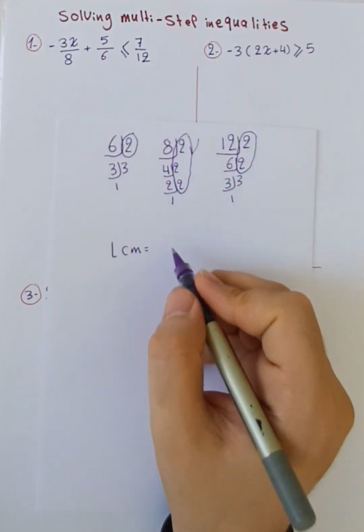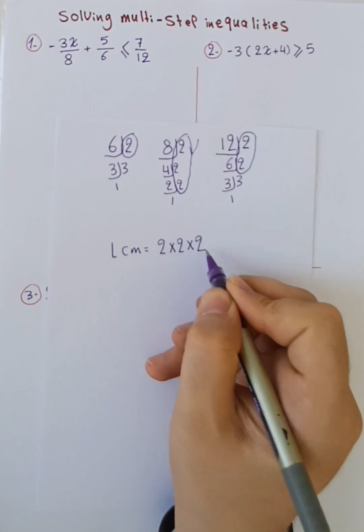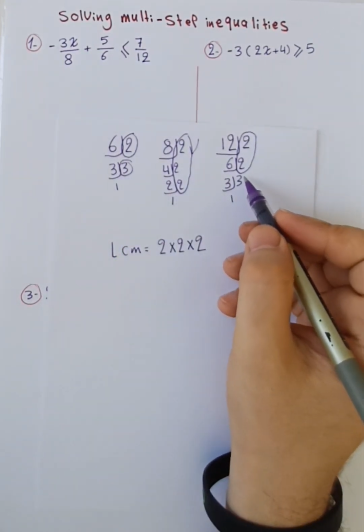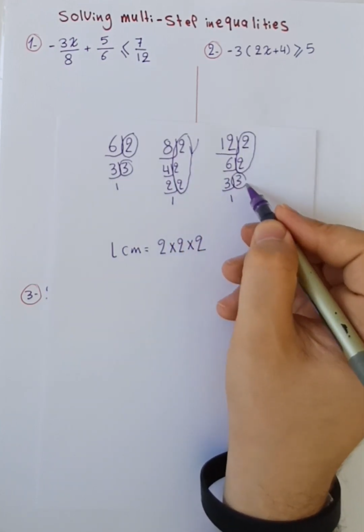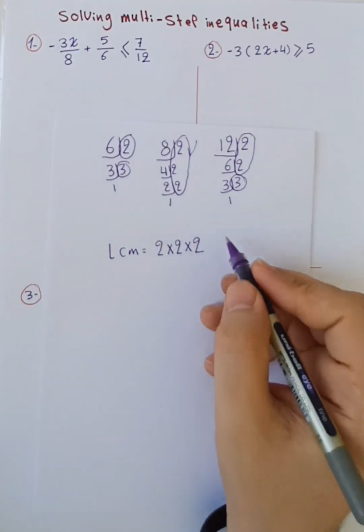We take the three 2's, 2 times 2 times 2, and then for 6 we have a 3, for 8 we don't have a 3, and for 12 we have one 3. In the least common multiple we can take the number that does not repeat, so we take 3.